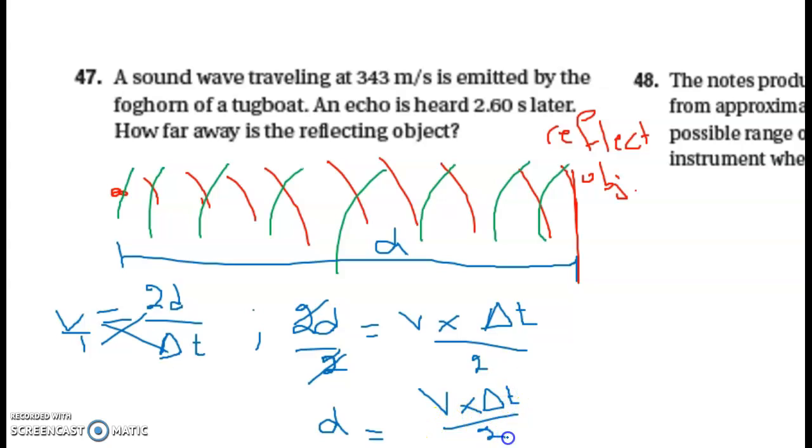Do the substitutions. 343 meters per second, already given in the SI unit, and the time is 2.6 seconds, also given in the SI unit.